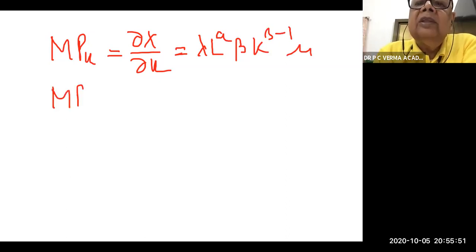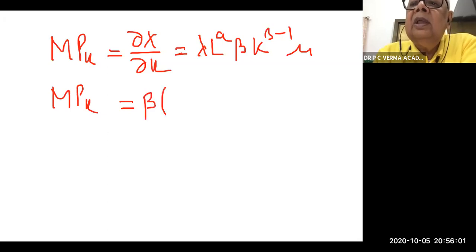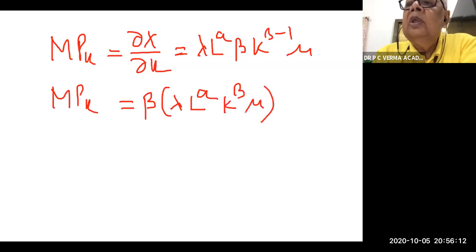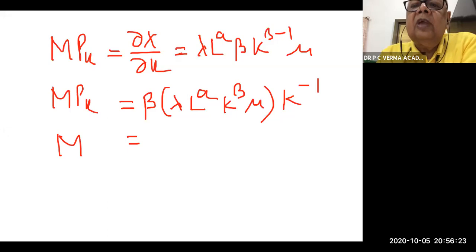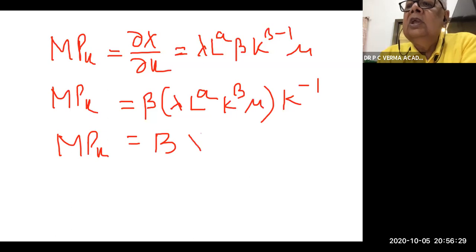Again, we write marginal productivity of K is equal to beta, and in the bracket lambda L alpha K beta mu, with K to the power minus 1 outside. Then marginal productivity of capital is equal to beta times X by K, and put it down.